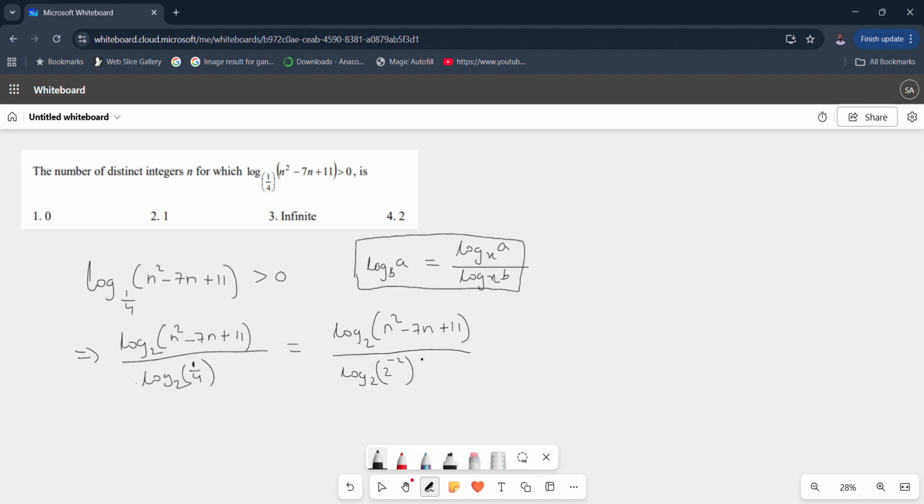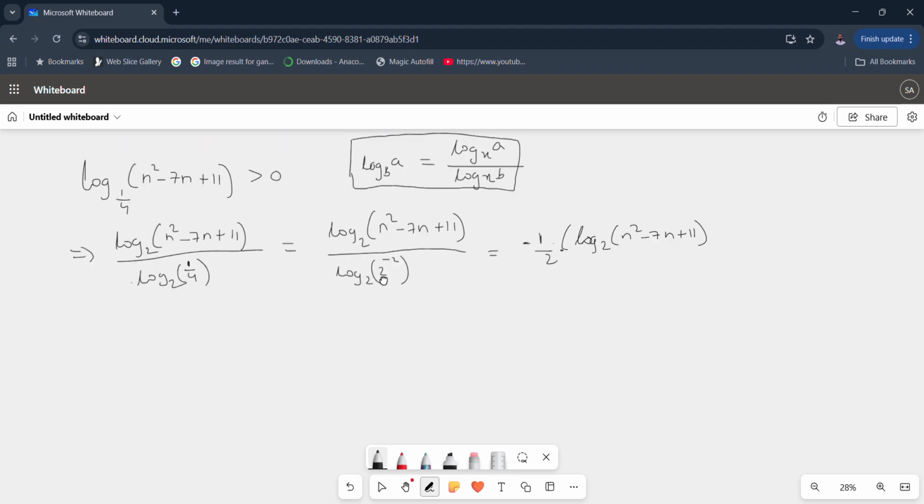Now let's bring this minus 2 outside and simplify. This will give us minus 1 by 2 log base 2 of n square minus 7n plus 11.